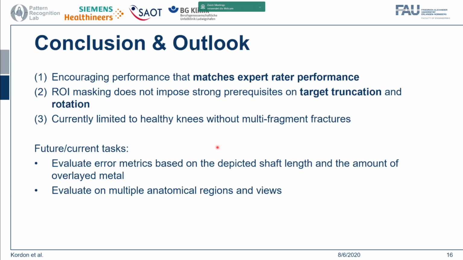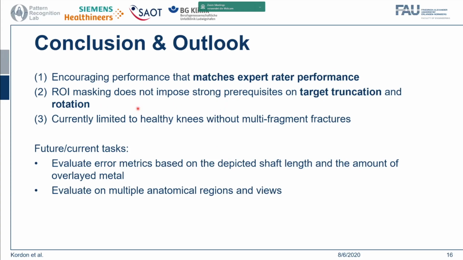The performance of our algorithm is actually pretty encouraging, since we observe very low angular errors, and this is the most important thing, at least from the clinical point of view, and we usually match or even surpass the expert rated performance.